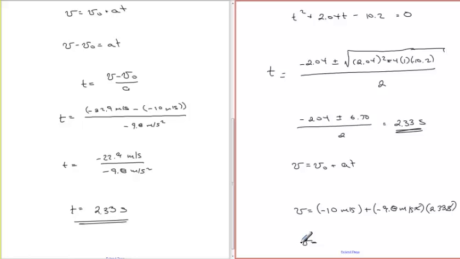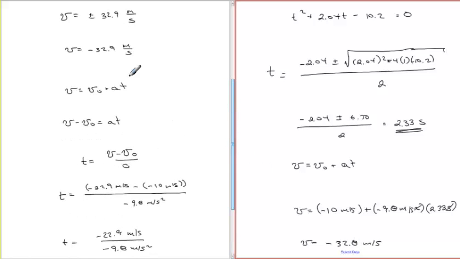So we get negative 10 minus 9.8 times 2.33, and we get the velocity is negative 32.8 meters per second, which should match up with what we calculated up here. We're just off 1/10, but that's close enough. So see, there's two ways. And sometimes it's easier to solve part B and then solve part A instead of solve A and B. Sometimes I just have to look at it and figure it out.